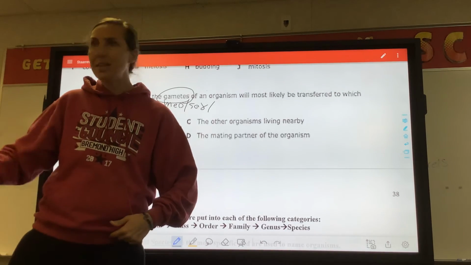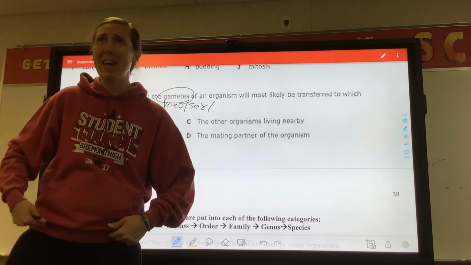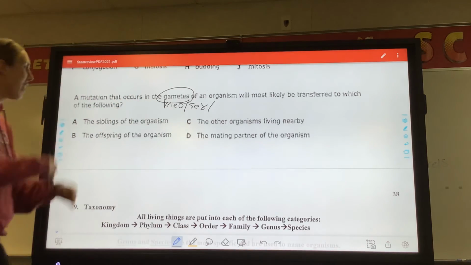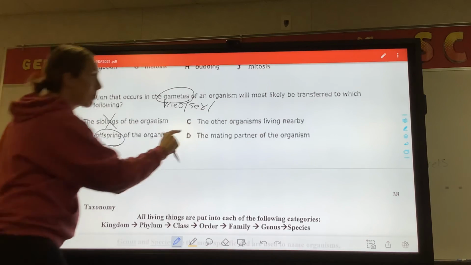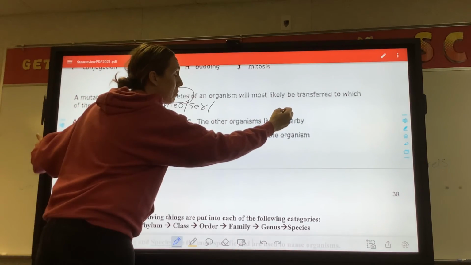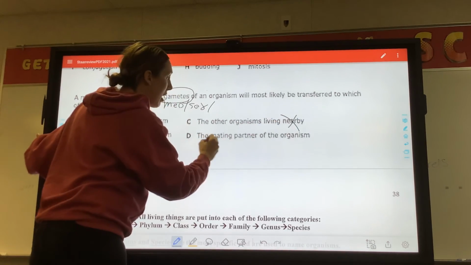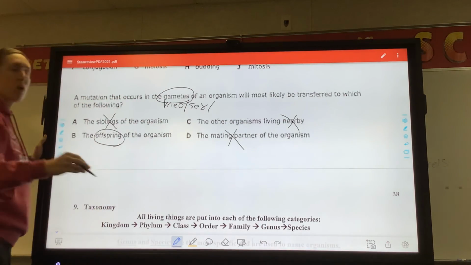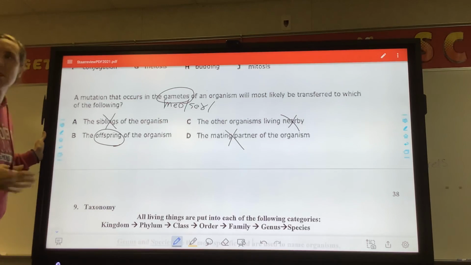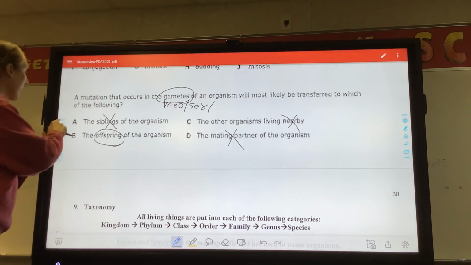Sex cell, egg and sperm. Who gets the egg and the sperm? Offspring. Your offspring. Good. That's what makes your offspring. You don't give it to your siblings. Ew. You don't give it to other things. Well, you know, the mating partner. I mean, gross technically, but you transfer that to your offspring. I don't want to hear about that again.